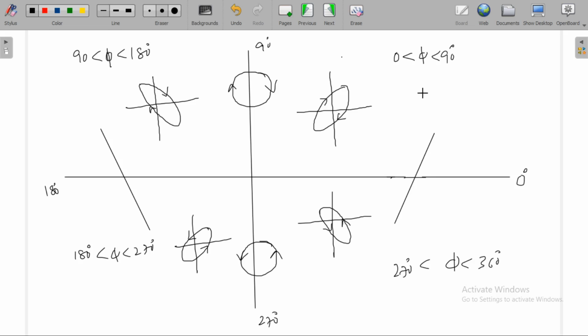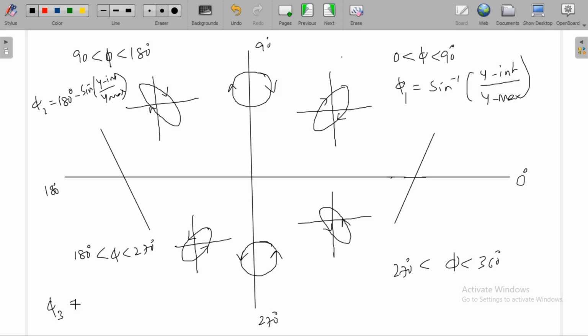Okay, here this phi will be sine inverse of y intercept by y max. Here the phase angle will be phi 1. Phi 2 is equal to 180 degrees minus sine inverse of y intercept by y max.